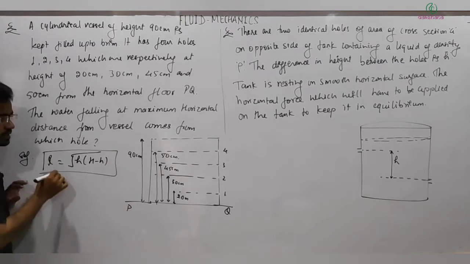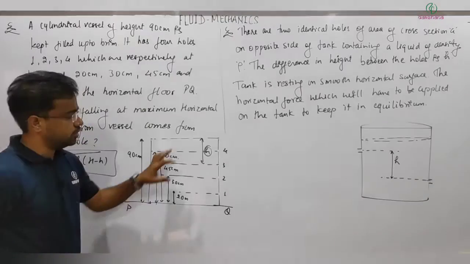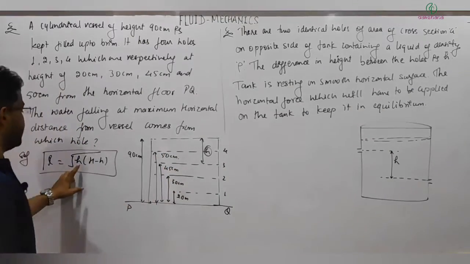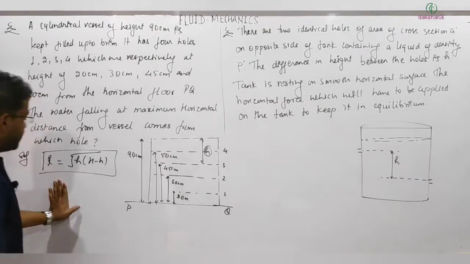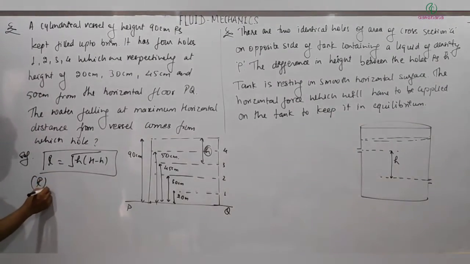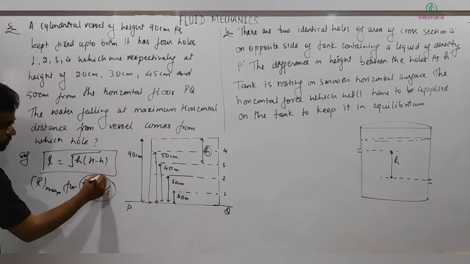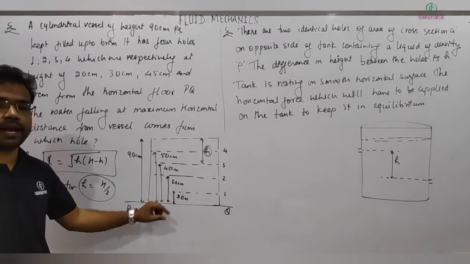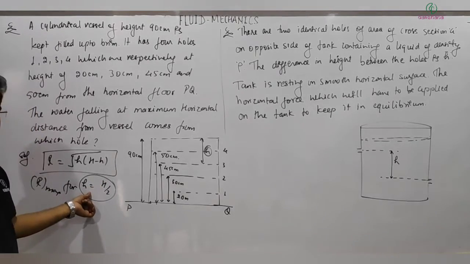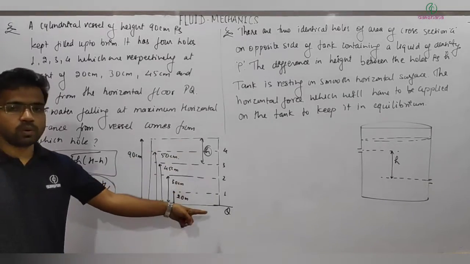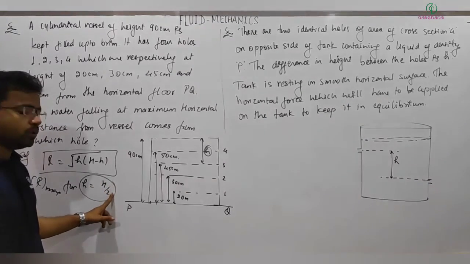This was the general expression when a hole is made at a depth of small h from the top surface, and capital H is the total height of the liquid level, then this is the range, and we derived that R is maximum for small h equal to capital H by 2. So by using this result we can answer directly: if out of these 4 holes there is one hole lying at this height, then we can directly say that the range for that hole will be maximum.